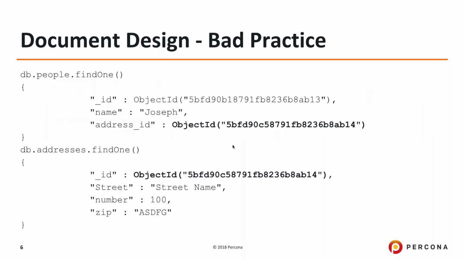So we've got the really simple case here of two collections. When you see db dot in Mongo, the next name after that is the collection, similar to a table. So here we're looking at two documents in two different collections, one called people and one called addresses. You'll see this sometimes when relational database apps have moved to MongoDB and haven't really considered the difference in the document model.